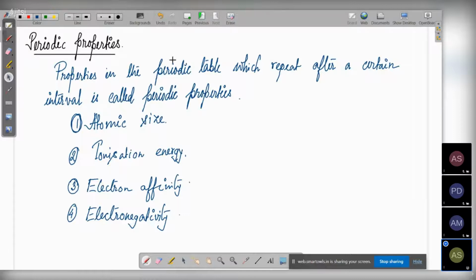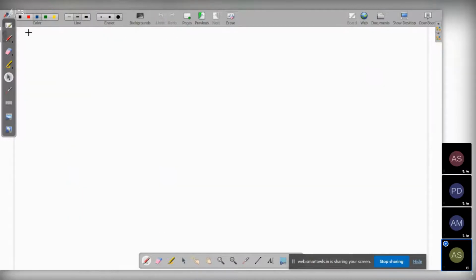So these are the four things that we discuss, starting with atomic size.